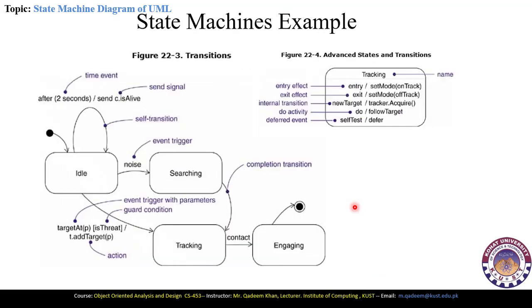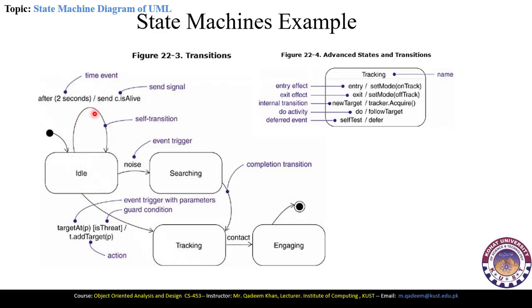Now this is another example of the state machine diagram, where we will provide a searching and tracking system here. Here we have the start state, that is the start of the state machine diagram. Then the system goes to the idle state.